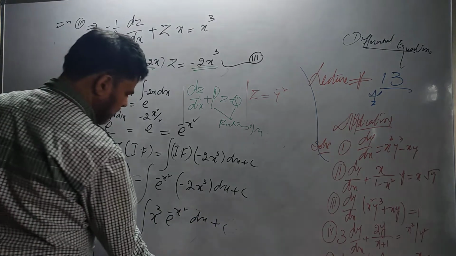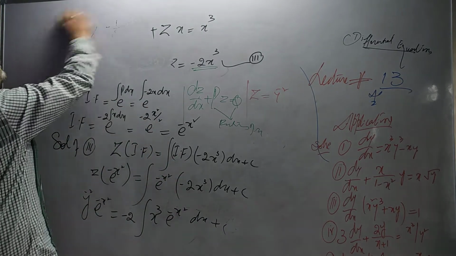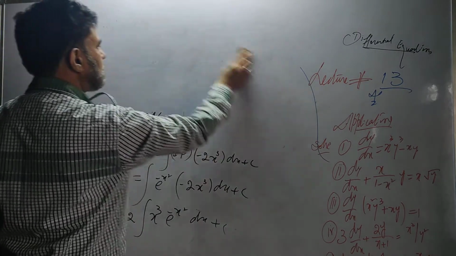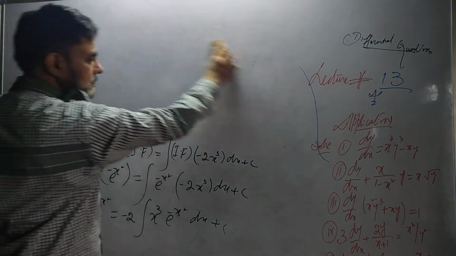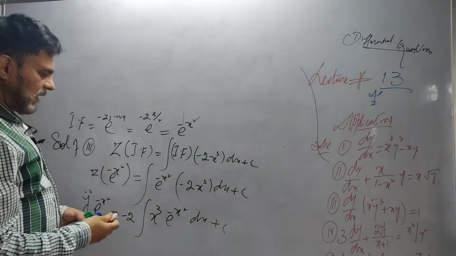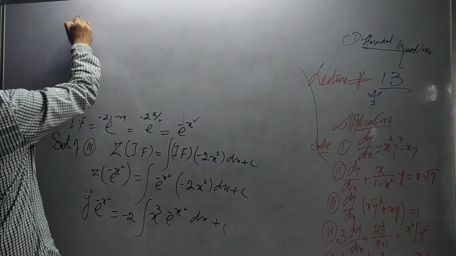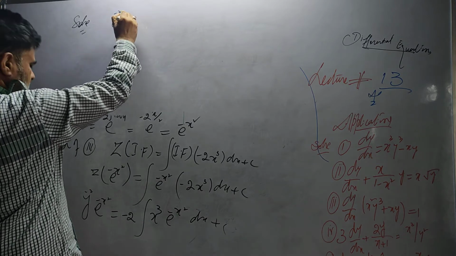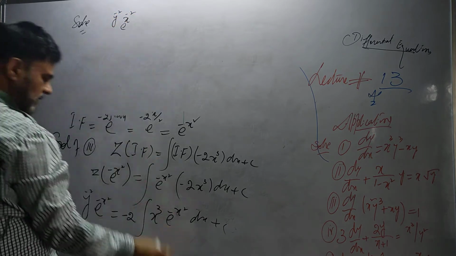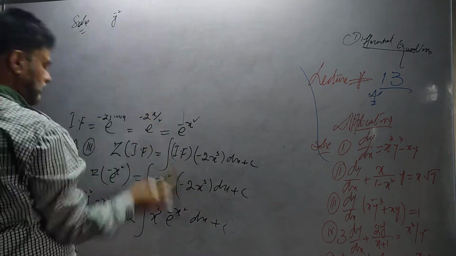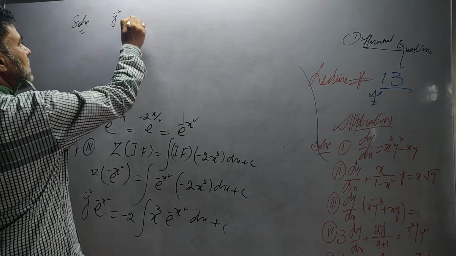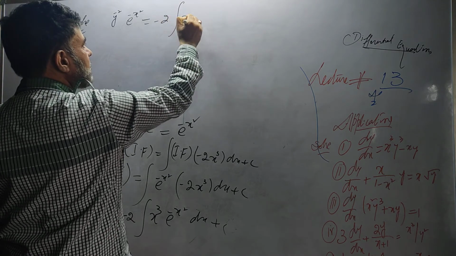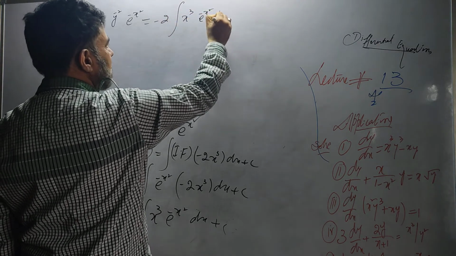Now I have to finally solve this integral. y raised to the power minus 2 e raised to the power minus x square is equal to minus 2 integral of x cube e raised to the power minus x square dx plus c.